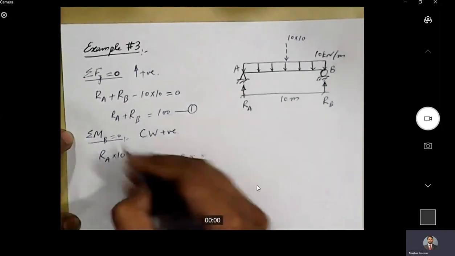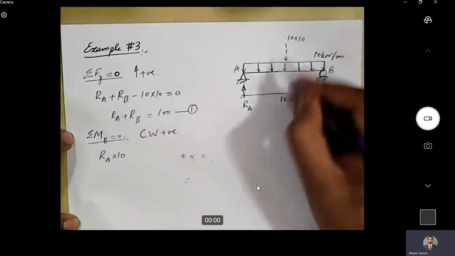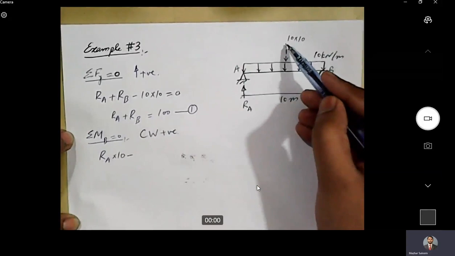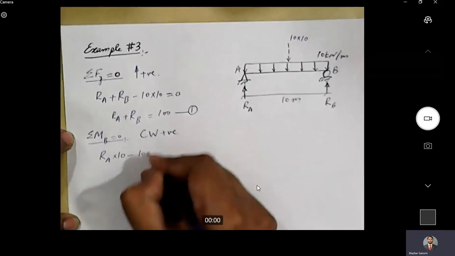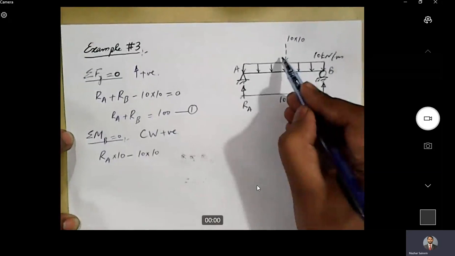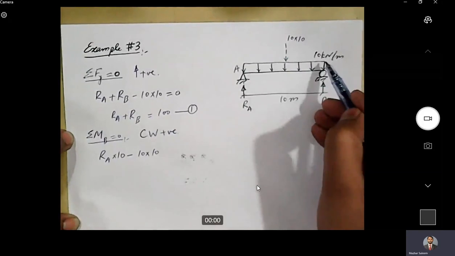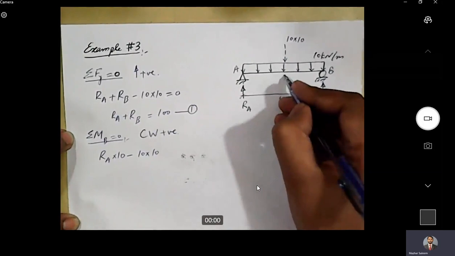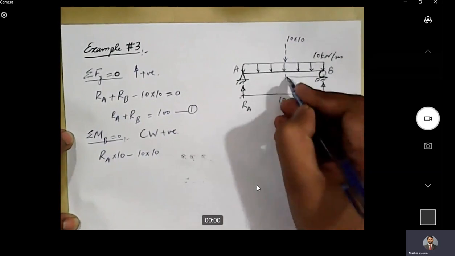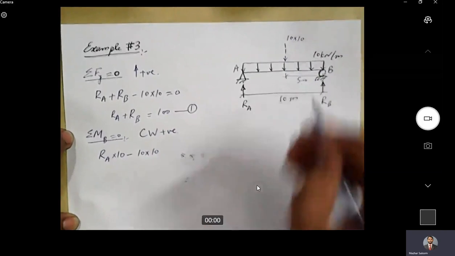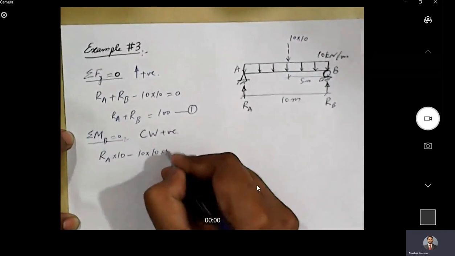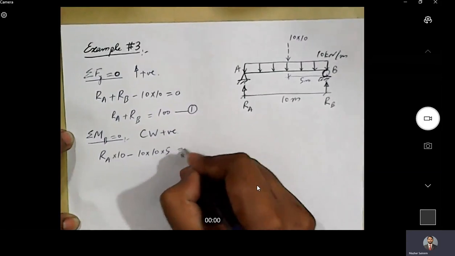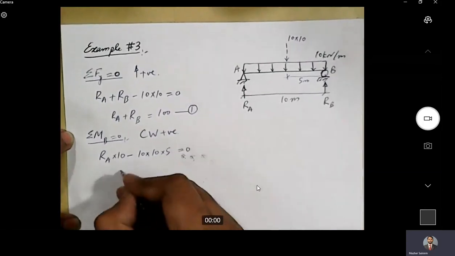And then this resultant will produce moment in counterclockwise direction, so we will take it as negative. How much is the magnitude of the resultant? It is 10 into 10. And how much is the lever arm of this resultant with respect to point B? It is 5 meters, right? So into 5. Is there any other moment? I think no. So let's put it equal to 0.